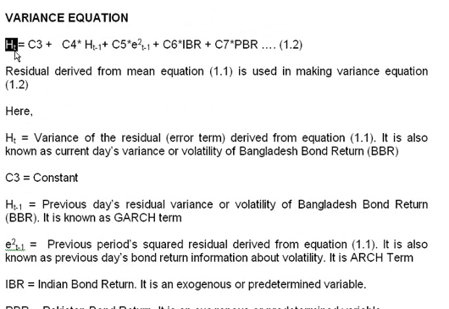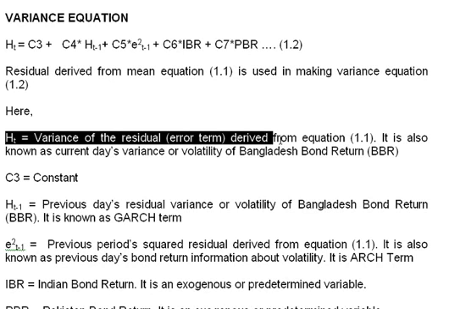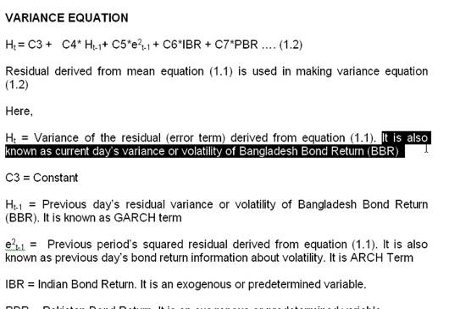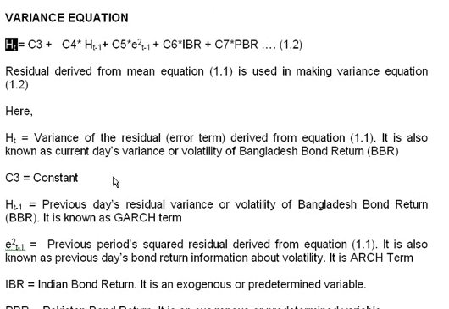It is also known as the current day's variance or volatility of Bangladesh bond return. So HT is the volatility of Bangladesh bond return, that is BBR, right? And what is BBR? Bangladesh bond return.